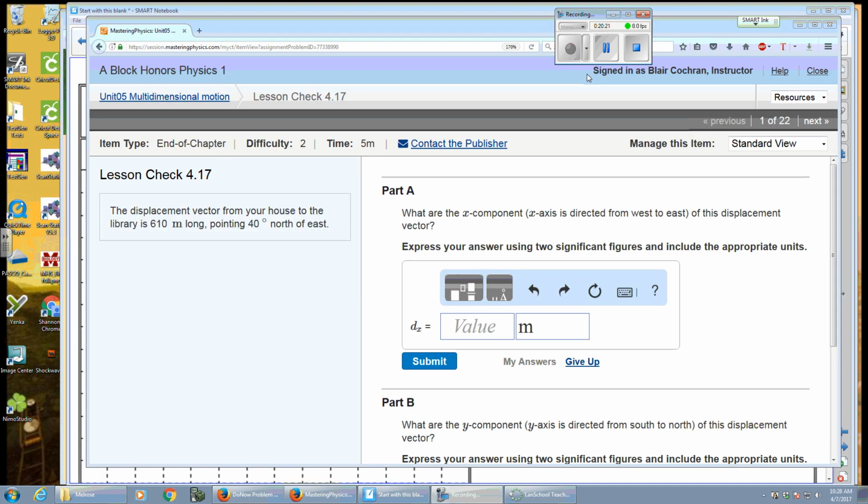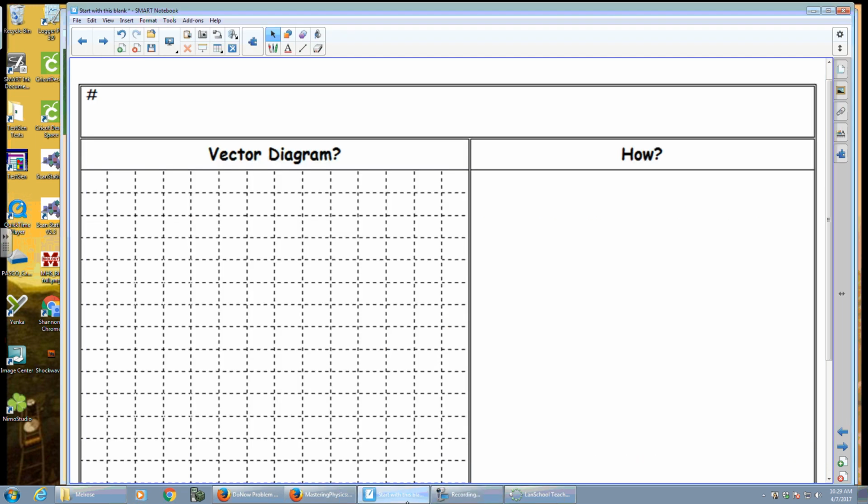All right, so number one was the next highest requested one, and it's asking the components of this displacement vector. This is one where the only thing your y would need to be is a vector diagram.